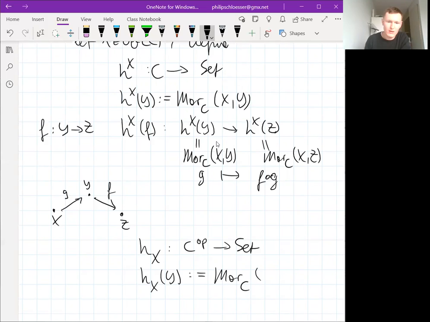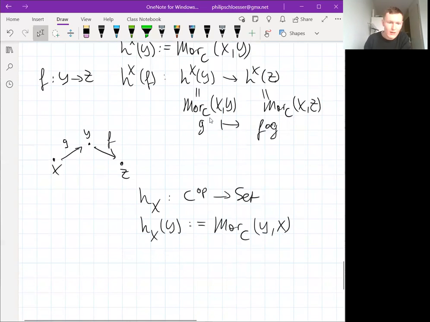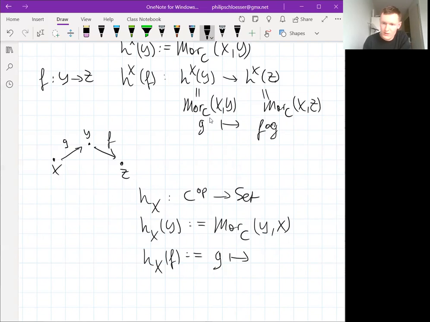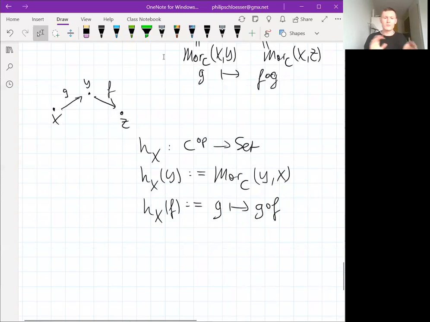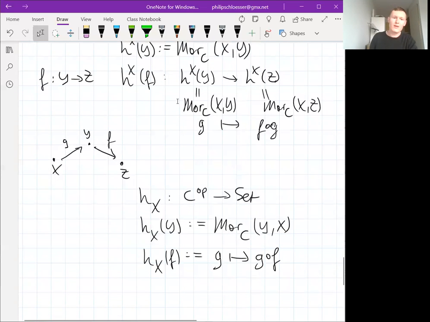So we have hX of Y is the morphisms from Y to X, and hX of the morphism f is just the thing that takes g and precomposes with f. So sort of the dual notion, whatever that might mean.